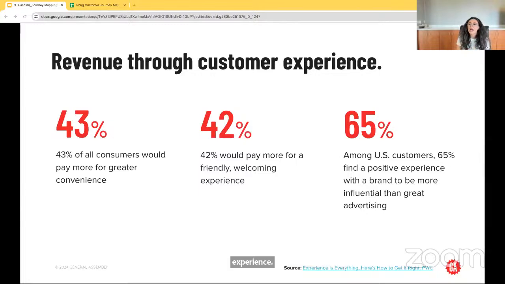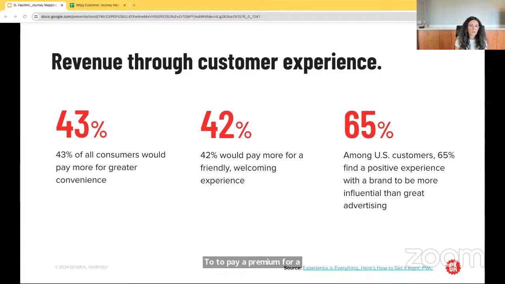All right, revenue through customer experience. So this statement really directly correlates the customer experience to revenue. It emphasizes that customers are willing to pay a premium for convenience and a positive experience.